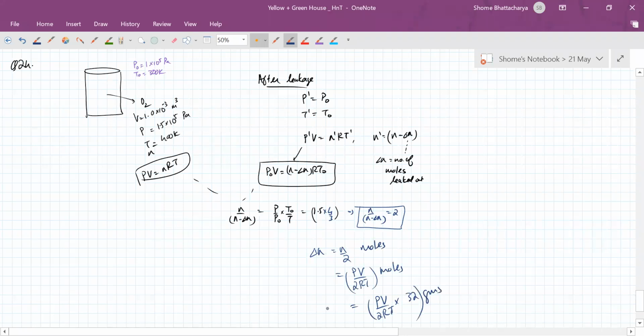So this is the mass of gas that leaks out. These many grams of oxygen leak out.